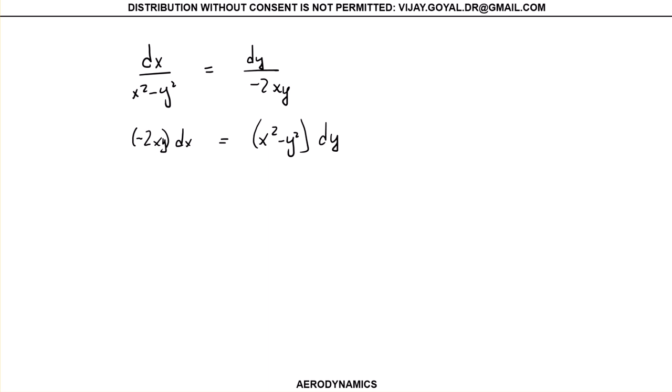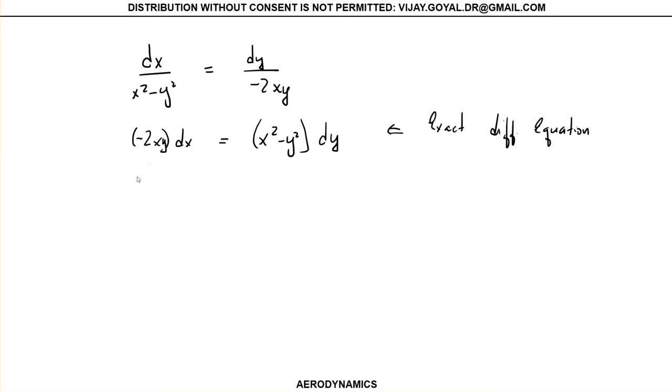Okay, so one way you can look at this problem is that this is an exact differential equation.